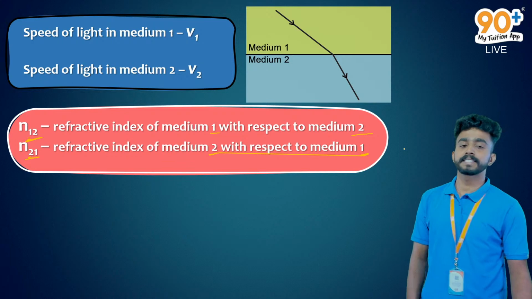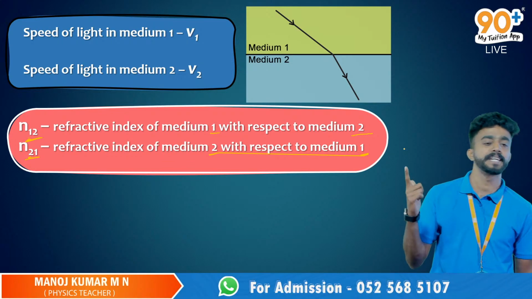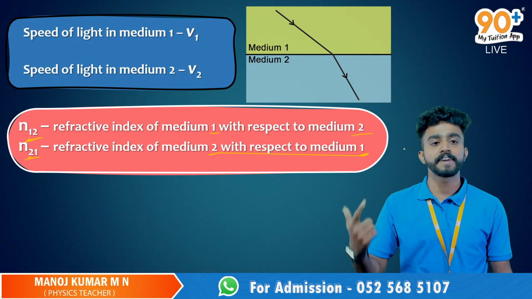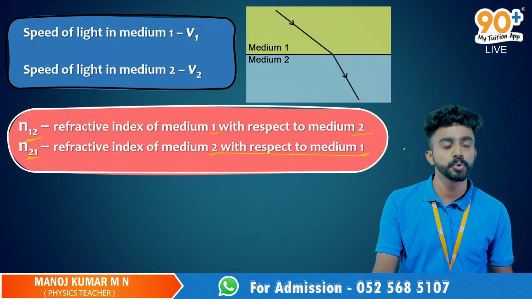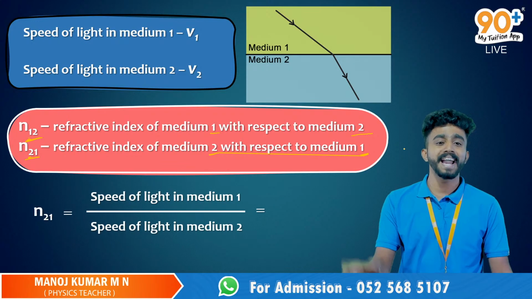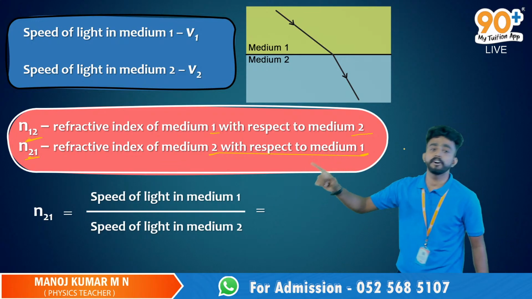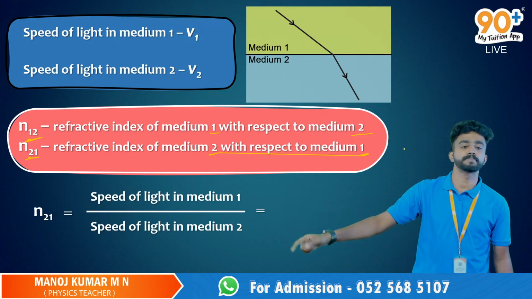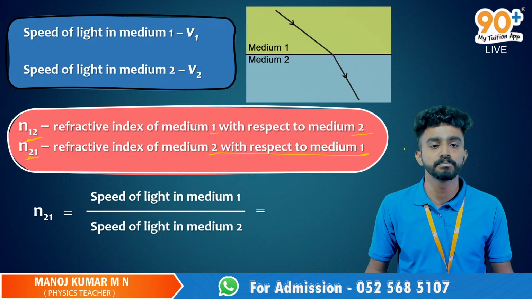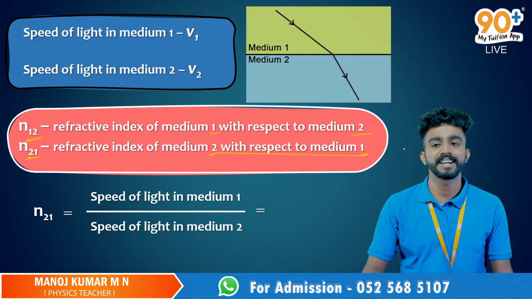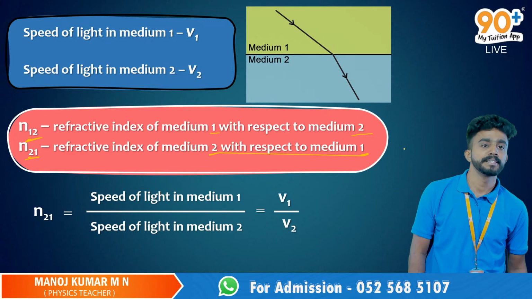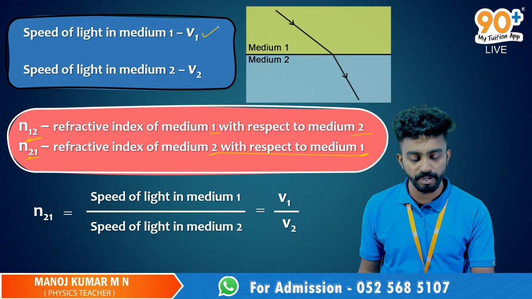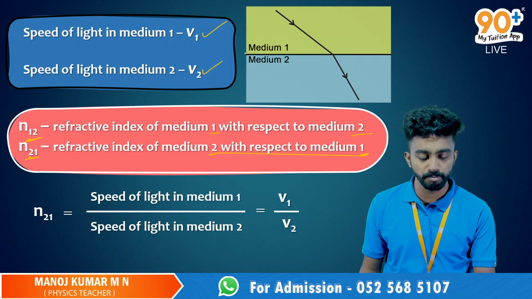So here we have considered the refractive index of medium 1 with respect to 2, and refractive index of medium 2 with respect to 1. That is N12 and N21 respectively. So N21 is equal to speed of light in medium 1 divided by speed of light in medium 2. Speed of light in medium 1 is V1, speed of light in medium 2 is V2.